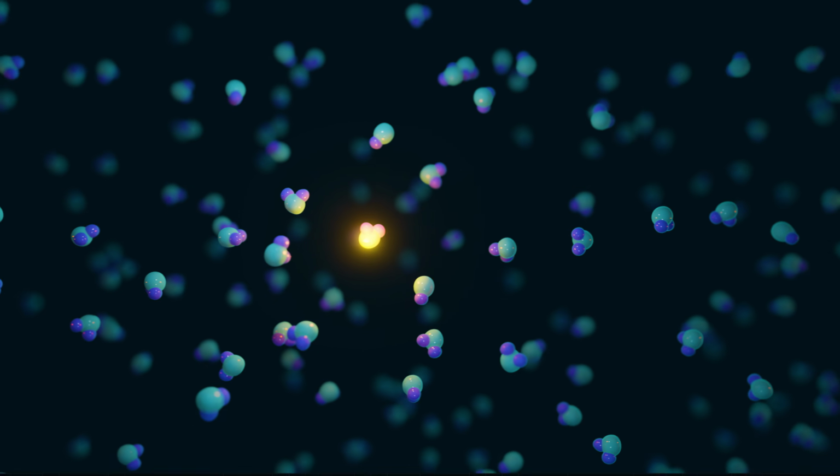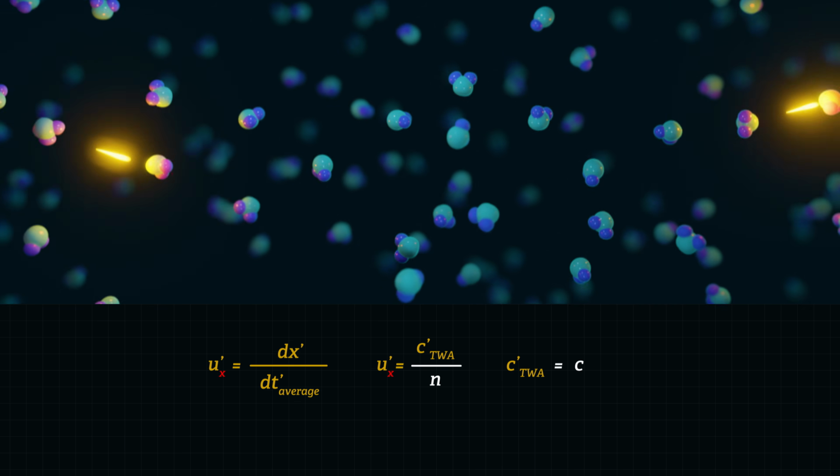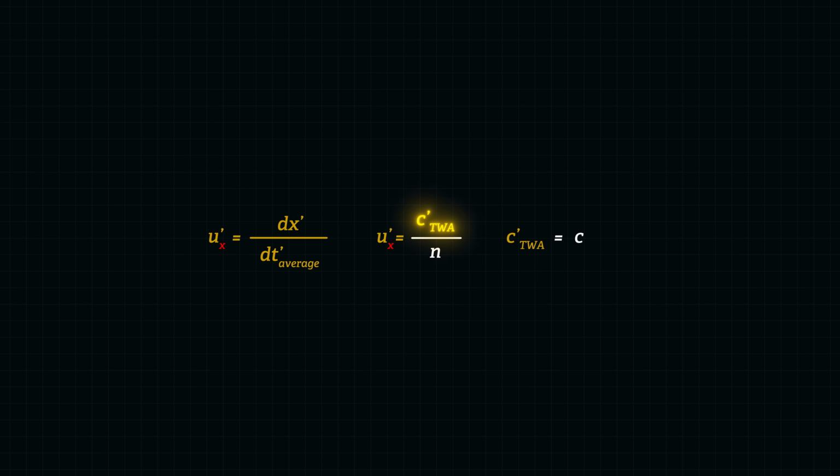Von Laue concluded that light passing through a moving refractive medium would travel at a speed we call c' sub twa divided by the refractive index of the medium n, where the time-weighted average, c' sub twa, is the two-way round-trip speed of light, which we know numerically is always speed c.